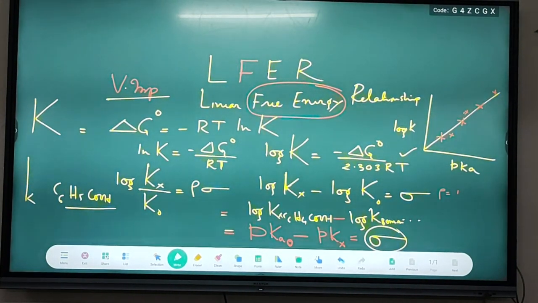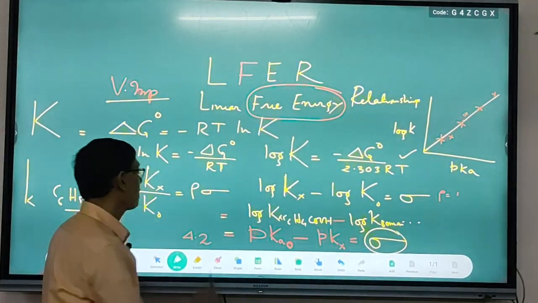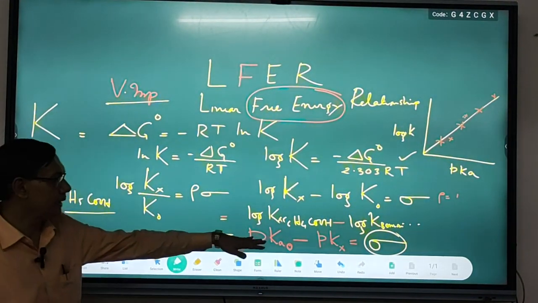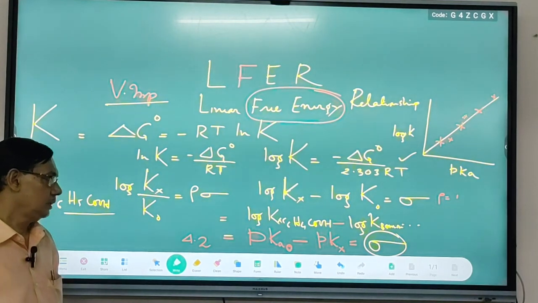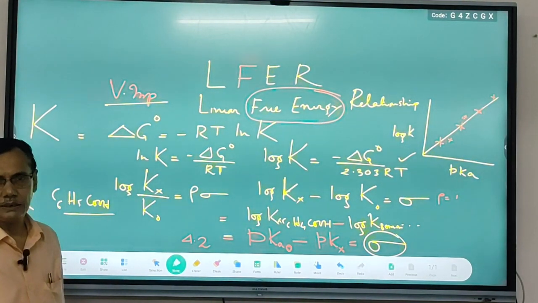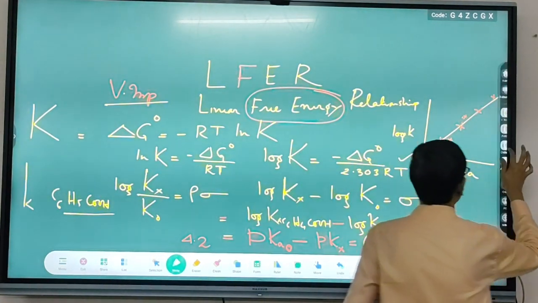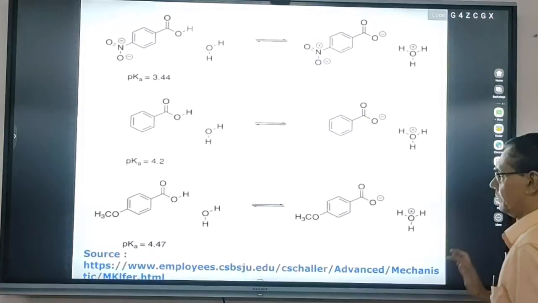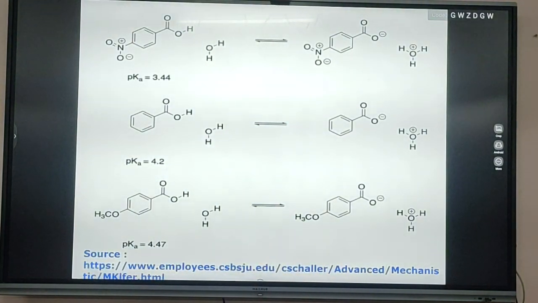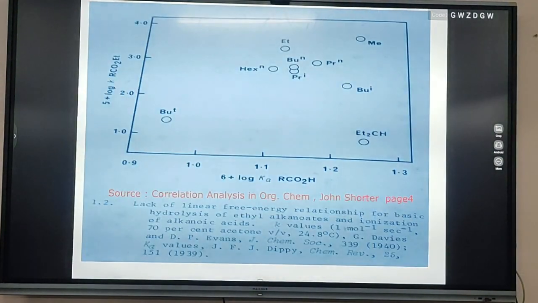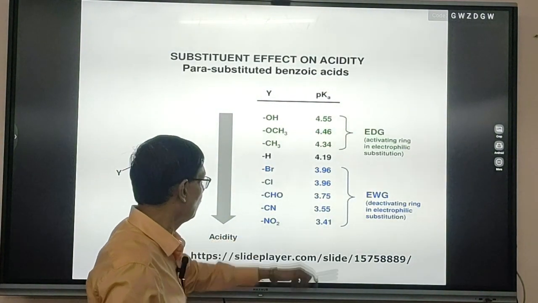That means if I know the pK of benzoic acid, suppose the pK of benzoic acid you have determined is 4.2, and the pK of, suppose you take the nitro group, is 3.41.